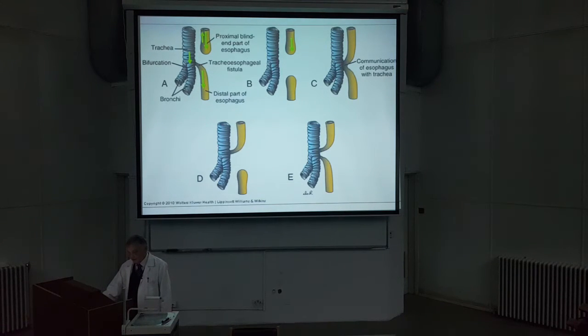In this case, it's also blind-ended. The esophagus ends here, so the baby is going to vomit, and the air is going into the lung. In this case, food is getting through the esophagus to the trachea.